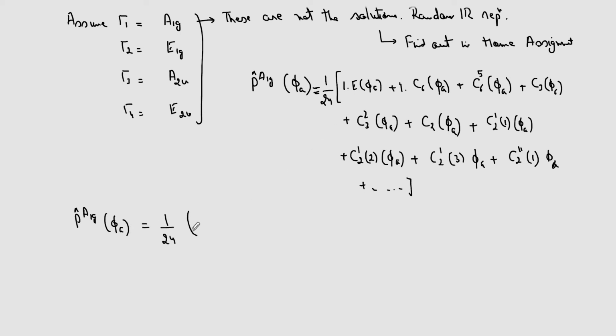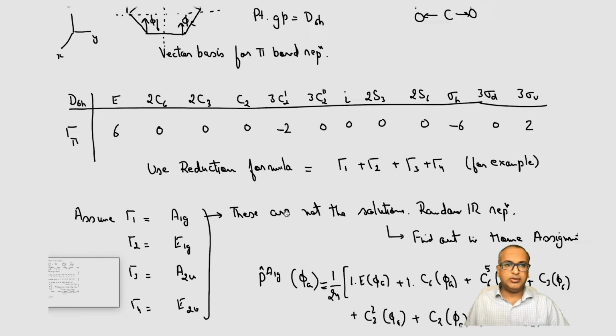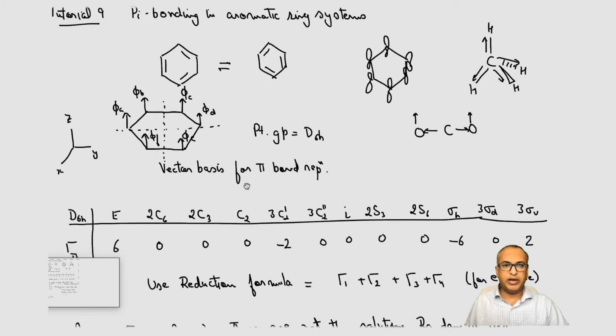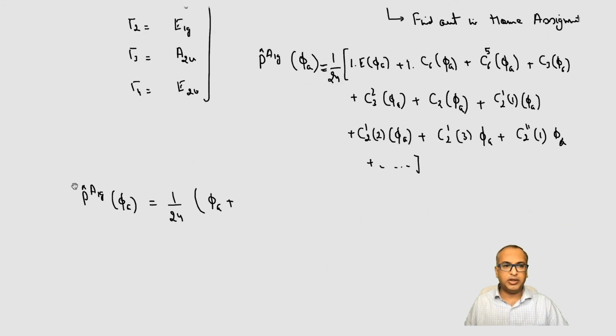So let's say E operating on phi A will give you phi A. C6 operating on phi A will give you a rotation by 60 degrees, an anti-clockwise rotation. So phi A will go to phi F. So you'll have phi F over here, right? So the new position is phi F. Okay. Now C6 5, so I will have phi B here.